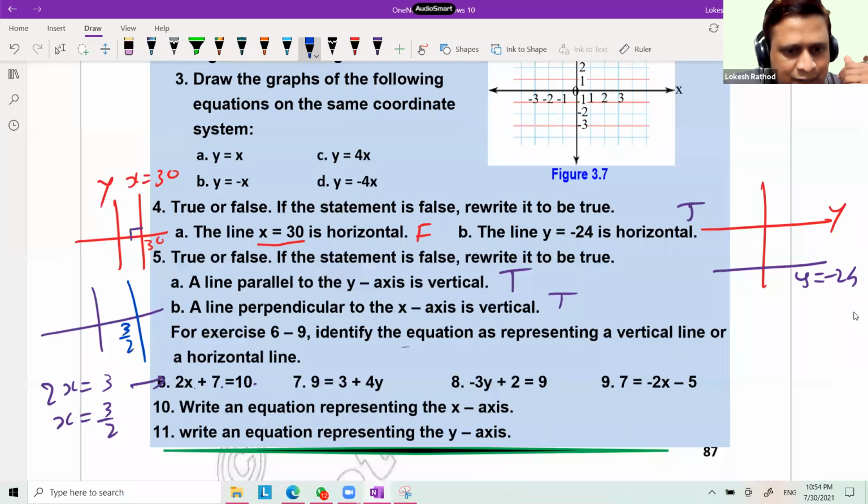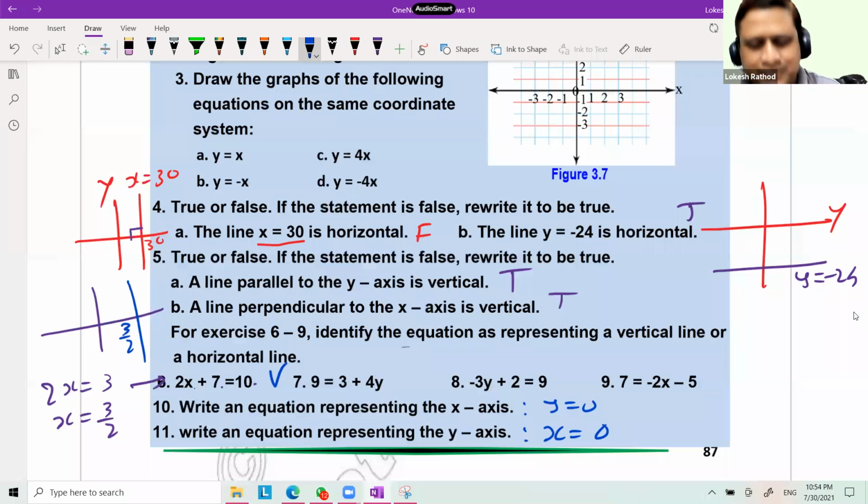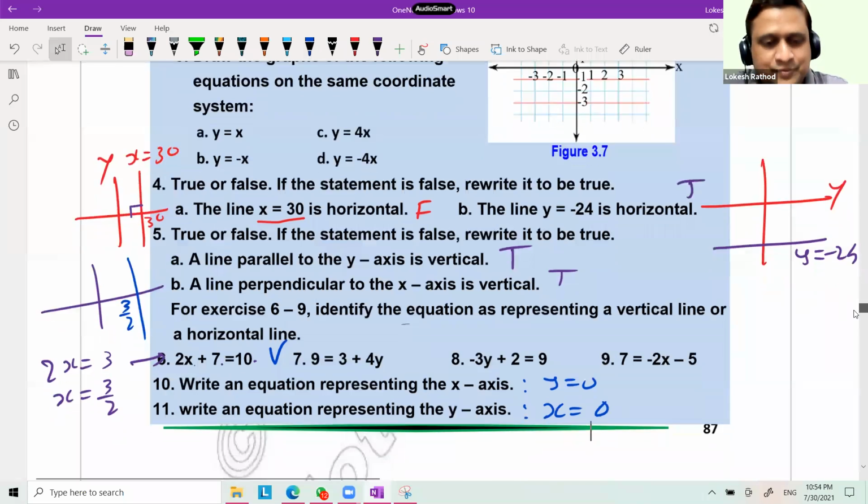So this line is parallel to the y-axis, a vertical line. Similarly, we can find it for the others. The equation of the x-axis we have already discussed, y equal to 0. The equation of the y-axis we have already discussed, x equal to 0. Is this clear?